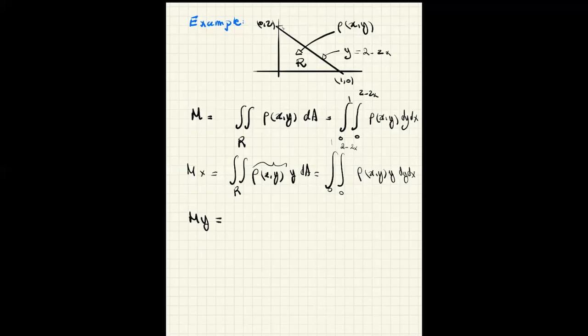Okay, so My would be the same thing, so I will not do an explicit example. You can just plug in any function you want.